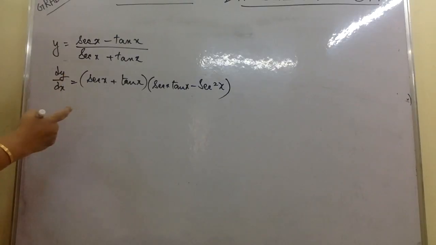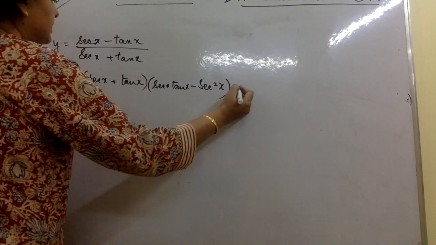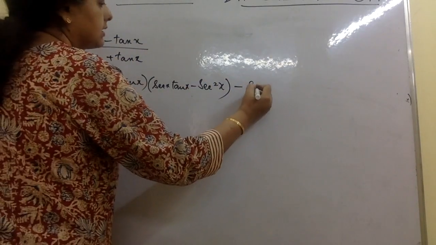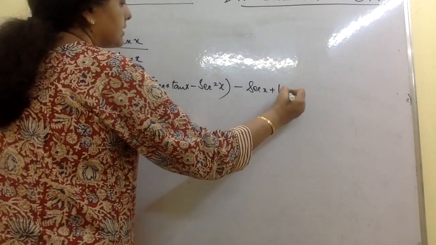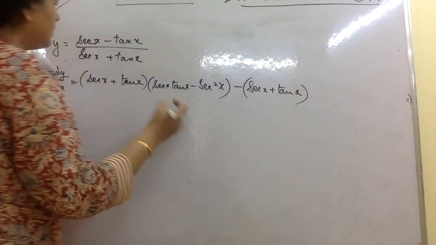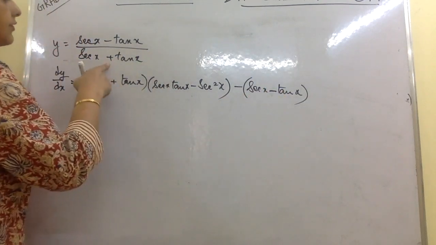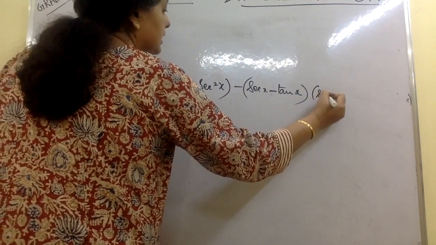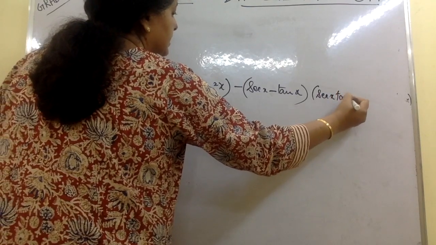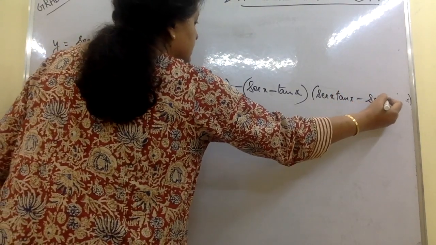Okay, now we will put a minus sign. We will write sec x plus tan x, that is we are writing the sec x minus tan x, sorry. We are writing the numerator and then differentiating this sec x tan x minus sec square x.